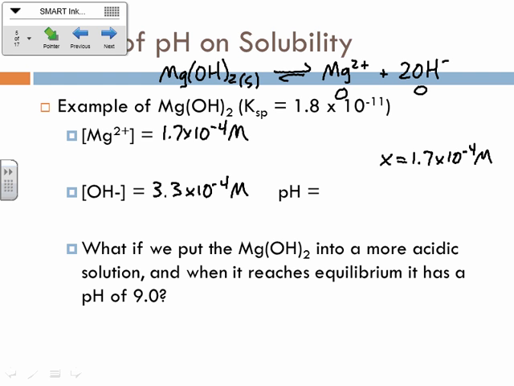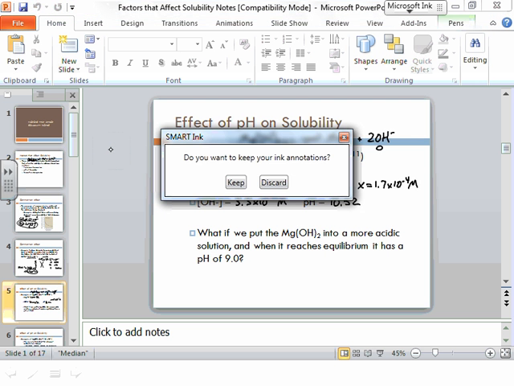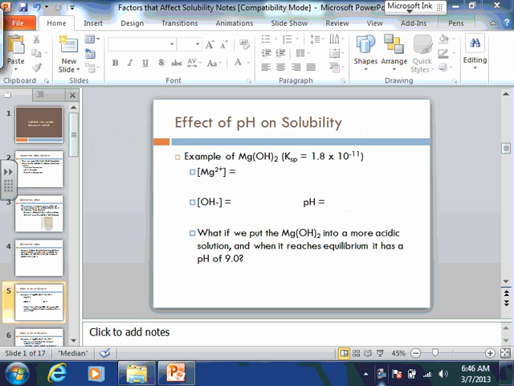If I take 14 minus that number, it gives me a pH of 10. We need 2 sig figs here, so 10.52. Okay, so that's my pH. 10.52.